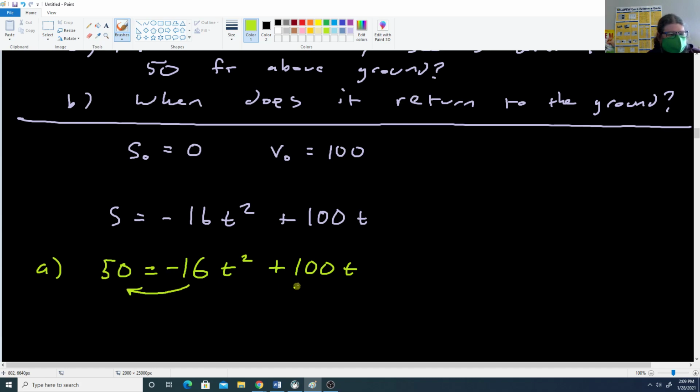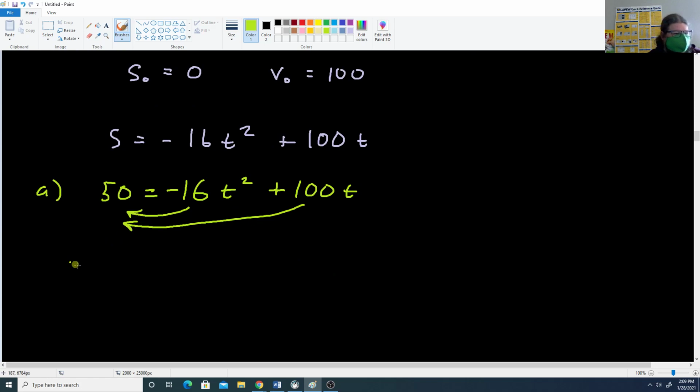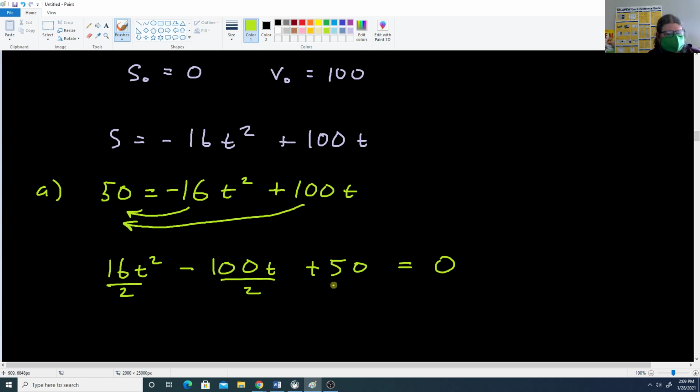So I'm going to move the negative 16t squared and the 100t across. We'll get 16t squared minus 100t plus 50 equals 0. We can divide all this by 2. So 16 divided by 2 is 8, so we get 8t squared.